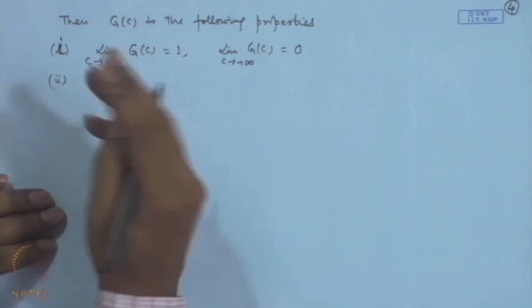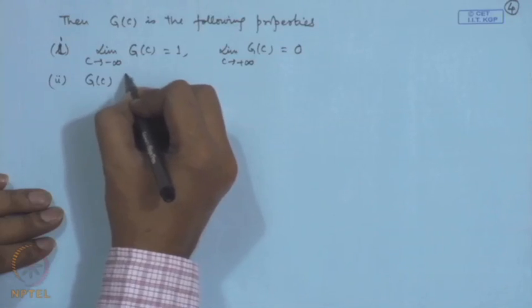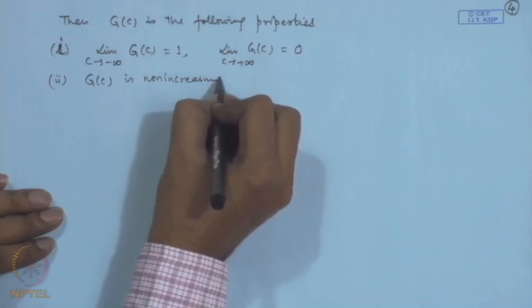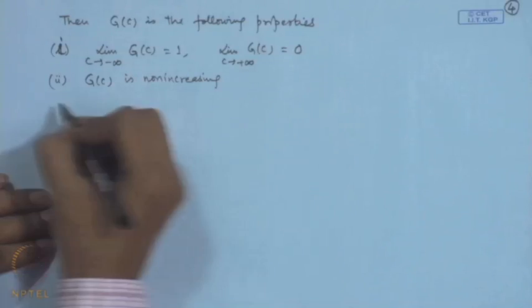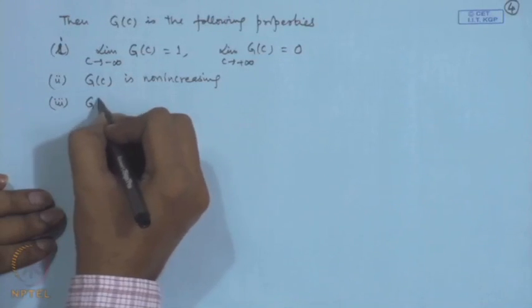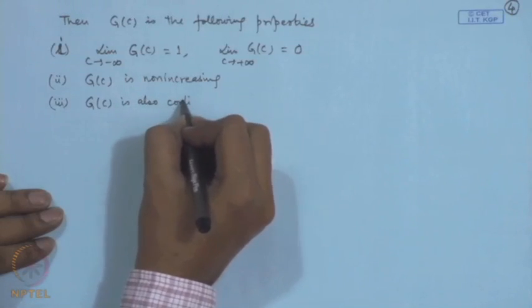Then 1 minus G C is a non decreasing function. So, G C will be non increasing, and 1 minus G C is continuous on right. So, G C is also continuous on right.